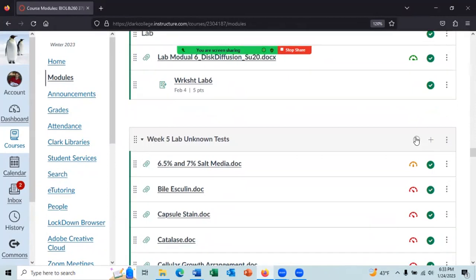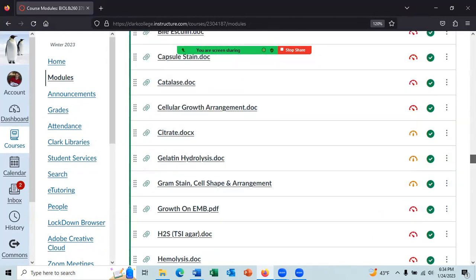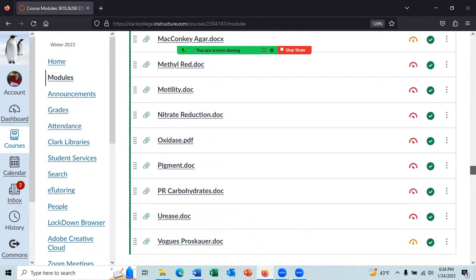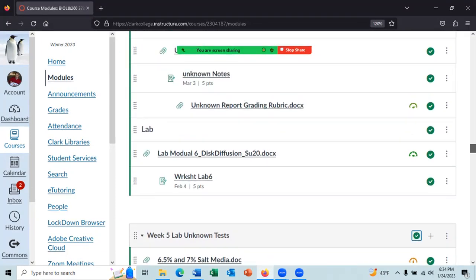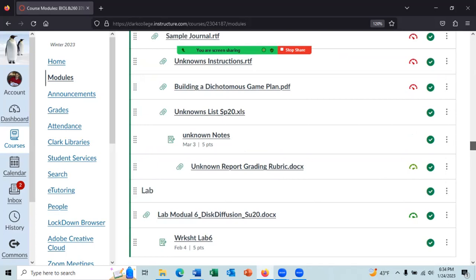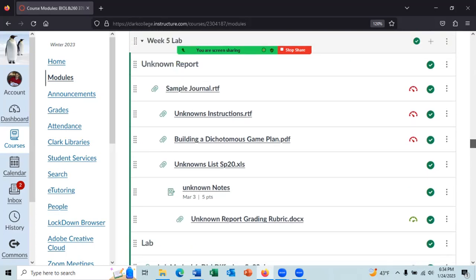I need to turn on the unknown tests. They were so big, I thought you'd be scared if you saw all that, but you won't be doing all those tests. Those are just possible tests you could do, and you only need to do the ones that help you identify your unknown bacteria.